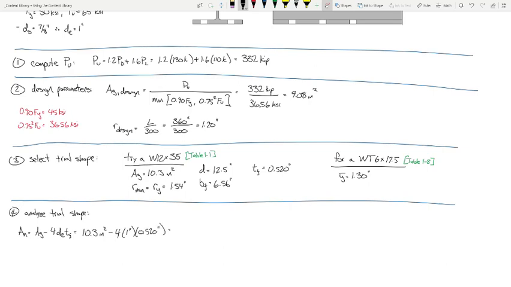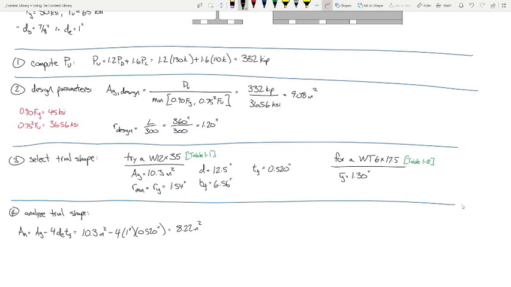Plug and chug, and what do I get for this? 8.22. All right. So there's our net area.